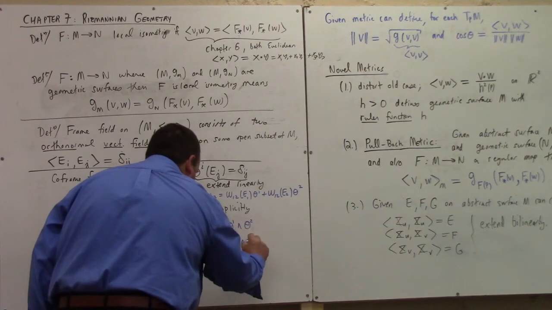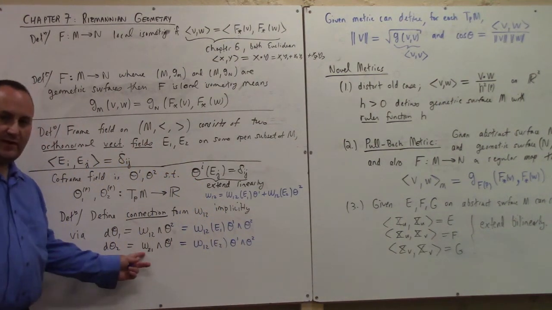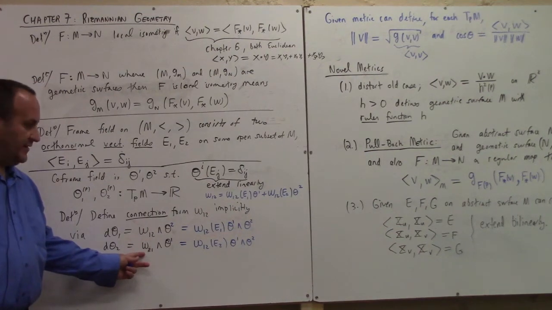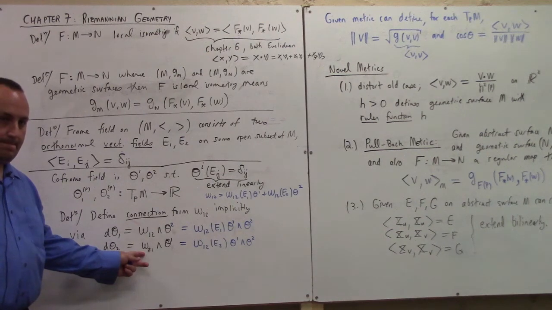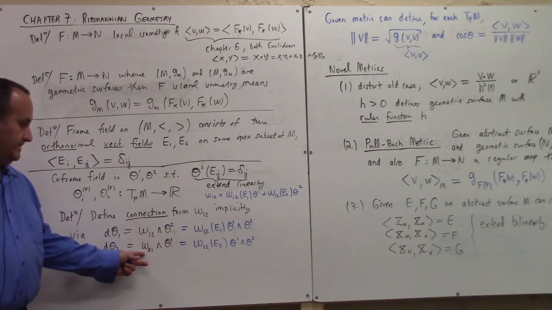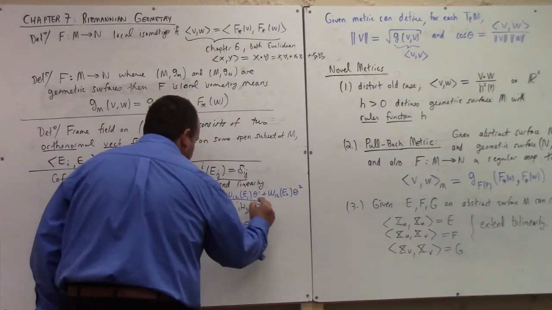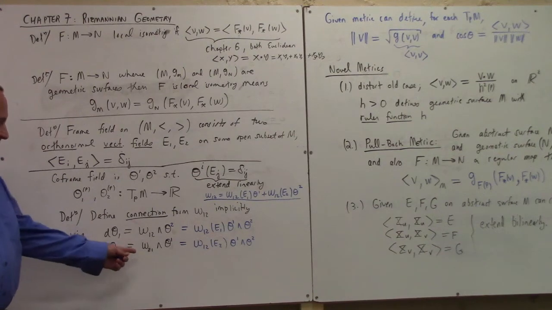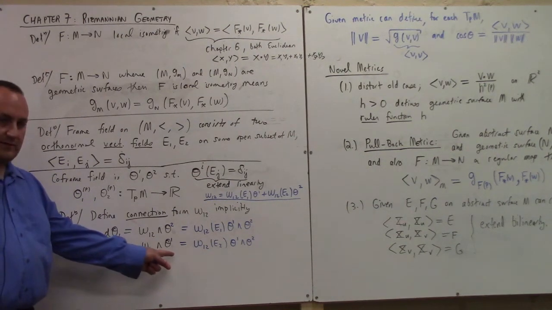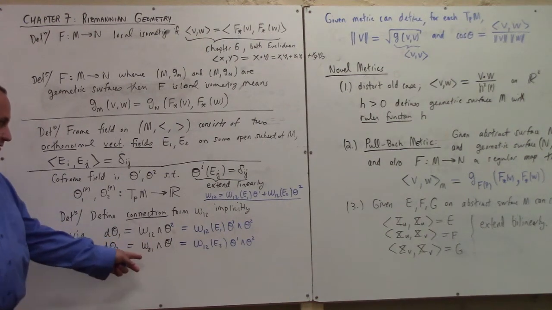Now, how did I do that? I changed omega 2, 1 to omega 1, 2. Why don't I have a minus then? When we take the wedge product of omega 2, 1 with theta 1, the only piece that matters is the part which doesn't wedge to 0, which is the theta 2 piece.